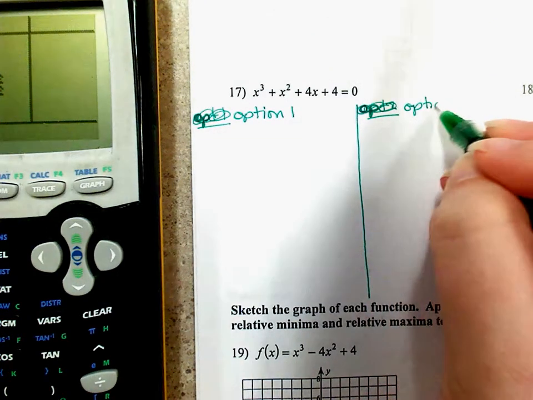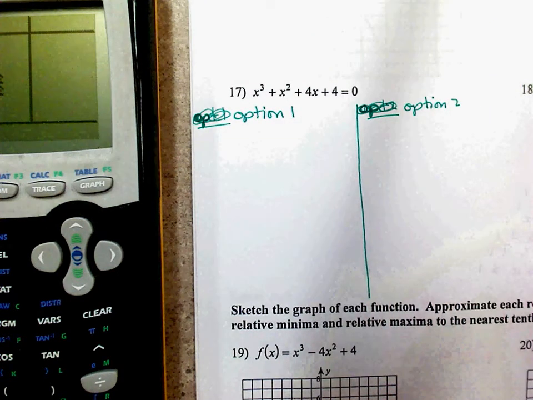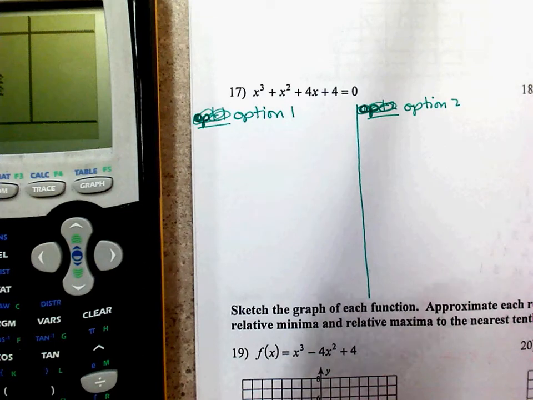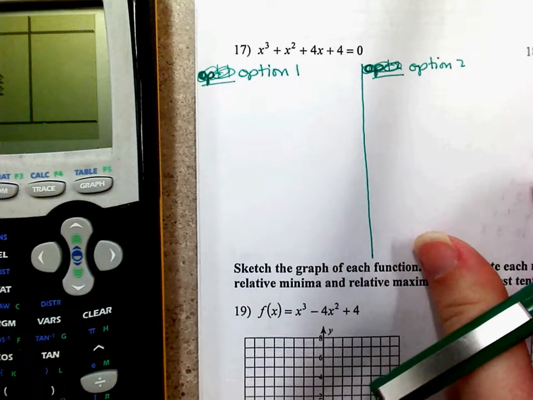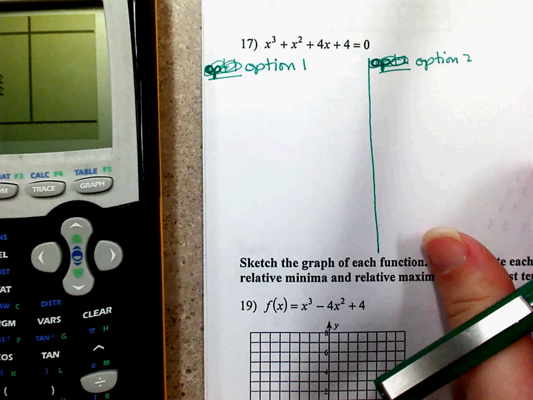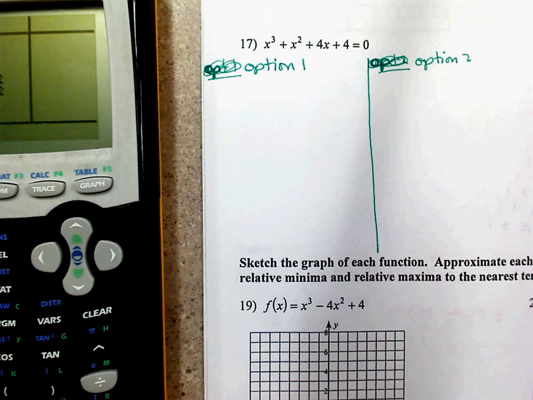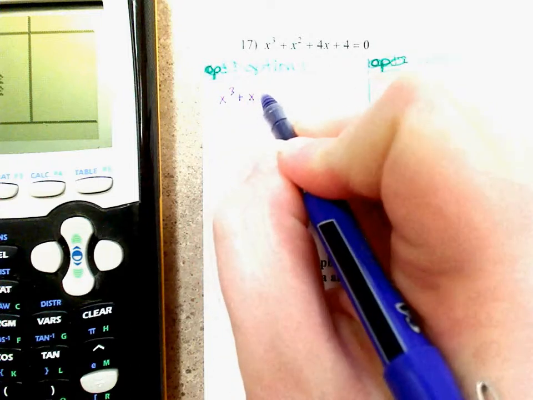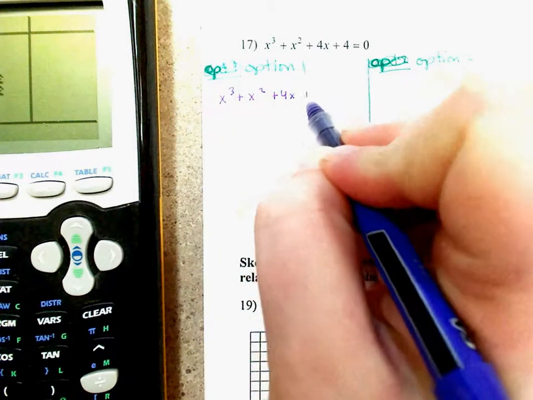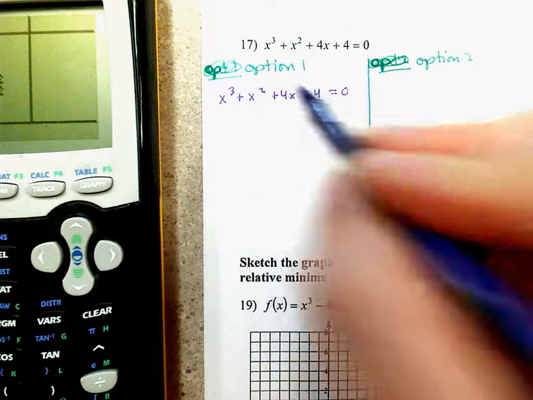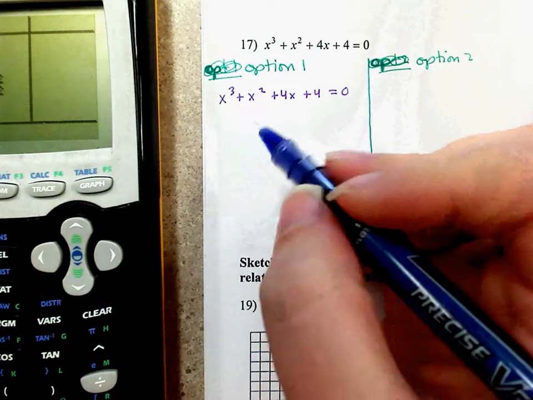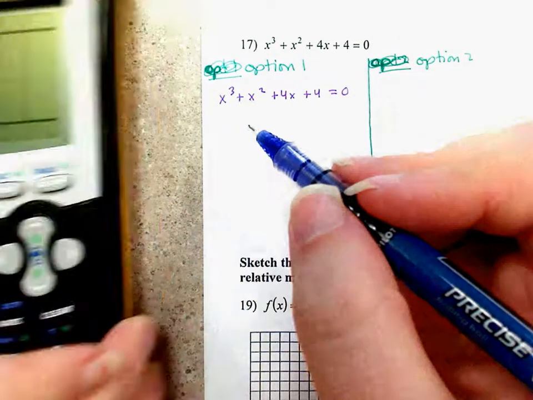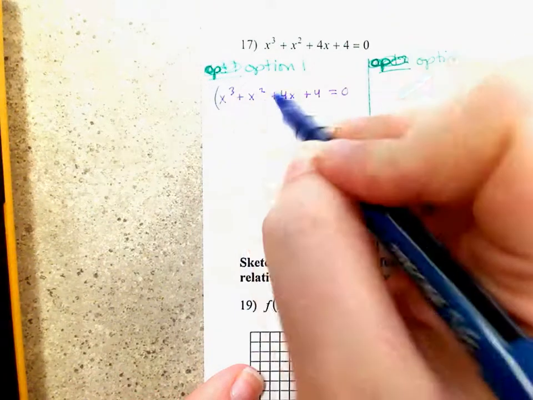Okay. So what do you want to do? Okay, I heard factor first, so let's factor first. Okay, now factor, we factor by what? Grouping. So I'm going to group the first two, group the last two, and then do what?